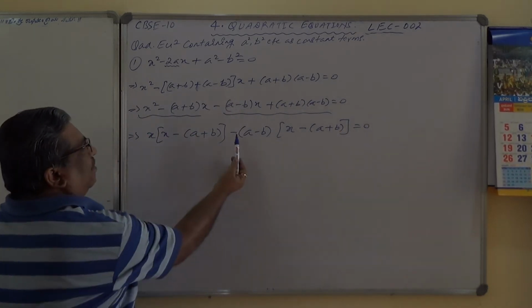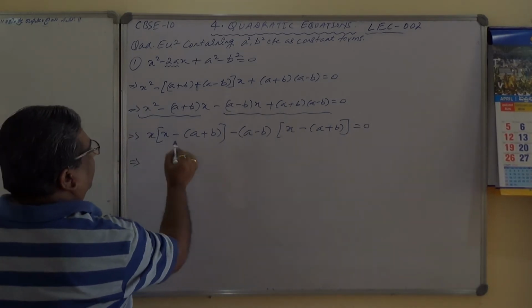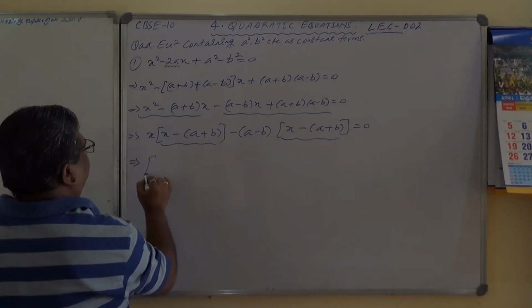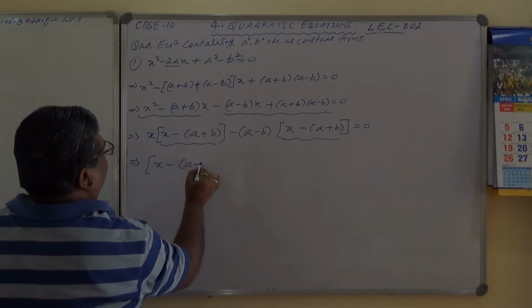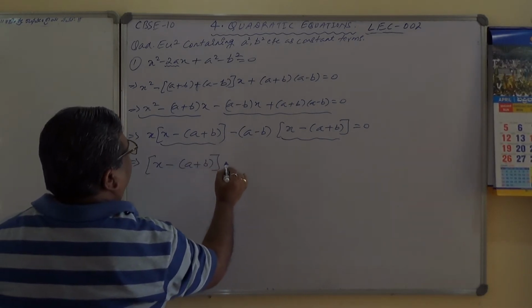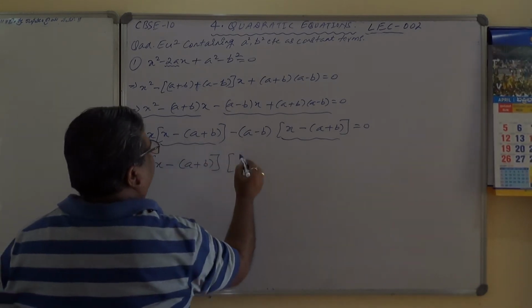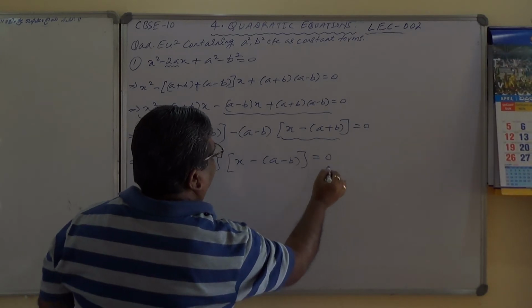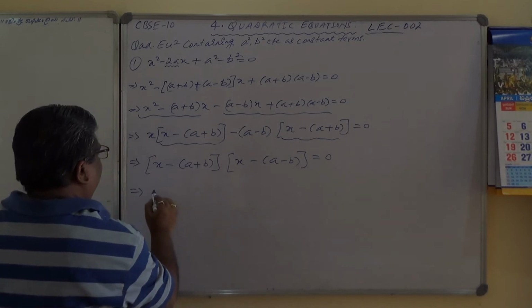When I take minus common here, this will change to minus here. So this equals, see here, these two terms are same. So take that as a common into bracket x minus of a plus b, okay, into x minus a minus b equals 0. Implies this term equals 0 and this term equals 0.